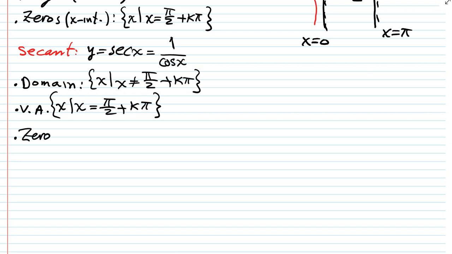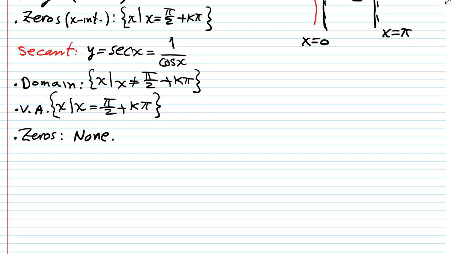The zeros, or x-intercepts. Because I have a fraction, the only way a fraction can be 0 is if the numerator is 0, but the numerator is 1. 1 can never equal 0. Therefore, there are no x-intercepts, no zeros of the basic secant function.